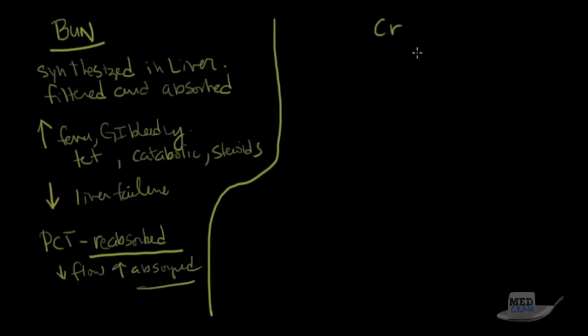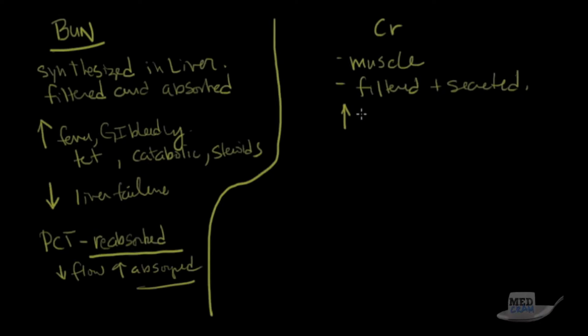Now, what about creatinine? We know that it's the end product of muscle and that it is filtered and secreted. So what are some things that can increase it that have nothing to do with kidney function?